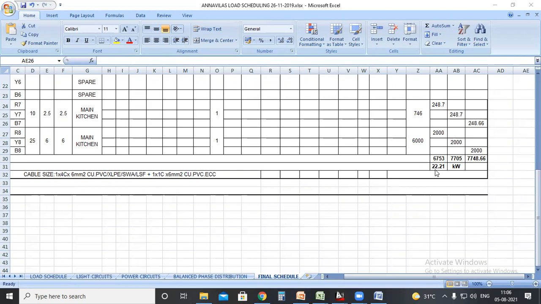The second option is RCCB plus isolator, and the third option is taking RCBO alone. RCBO means a residual current breaker with overcurrent protection, so it can give protection to both overcurrent as well as residual current. That we'll be discussing in the circuit breaker session. I just want you to understand how we will be selecting based on the total load.